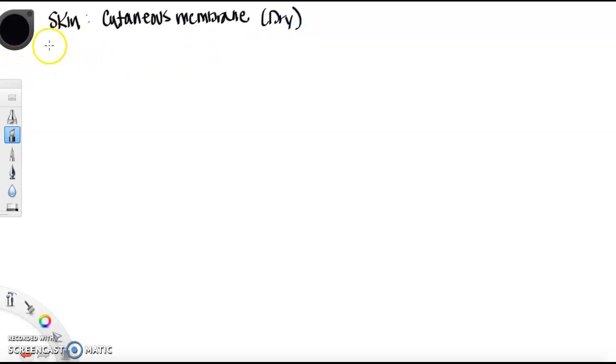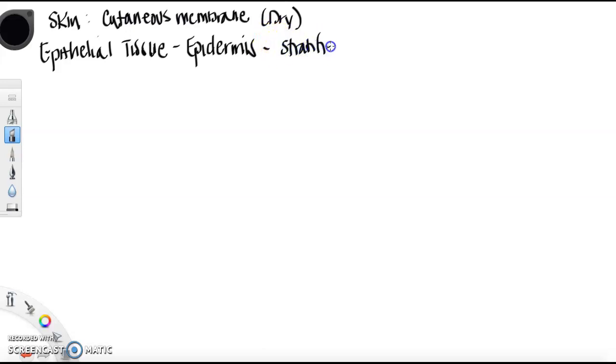And it is made up of epithelial tissue, which is in the epidermis, and that is stratified squamous epithelium. And of course, it is keratinized.